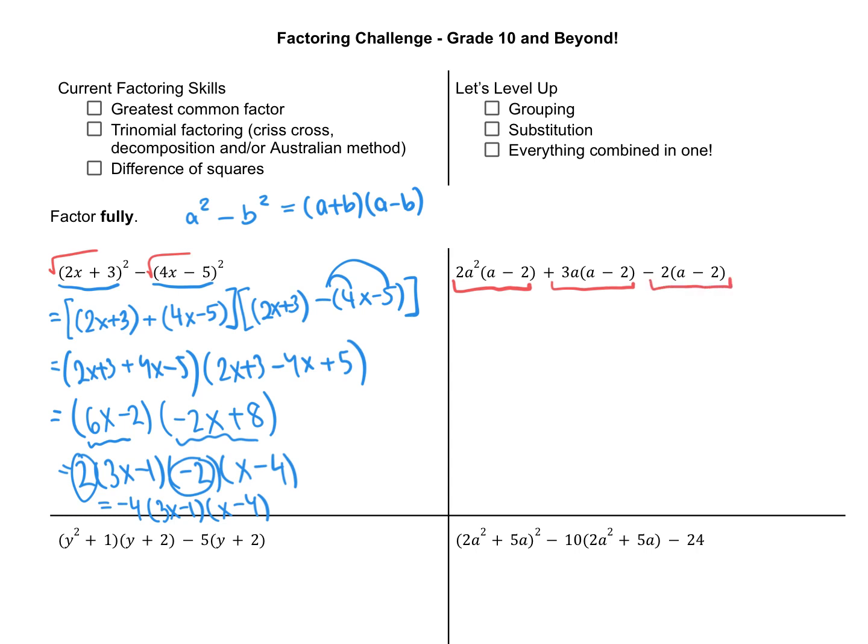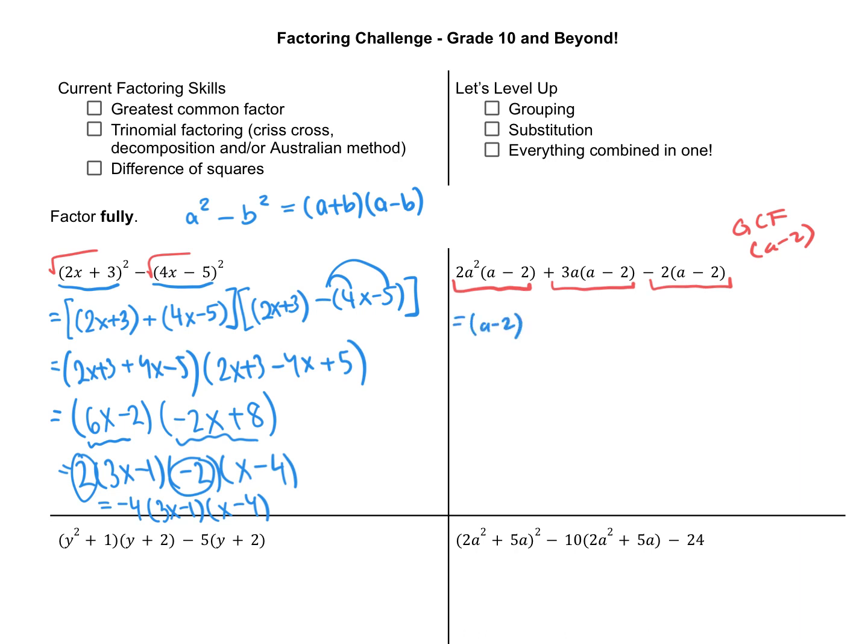Let's look at that as a term because the components are attached by multiplication. Each part has that a minus 2 bracket in common. So we could do a GCF of a minus 2. Instead of just factoring a monomial, we can factor out this binomial bracket that they all have in common.